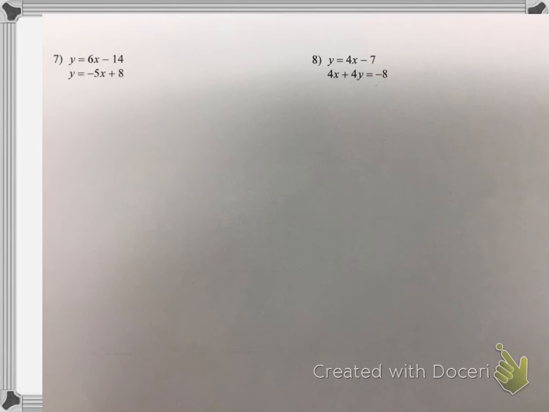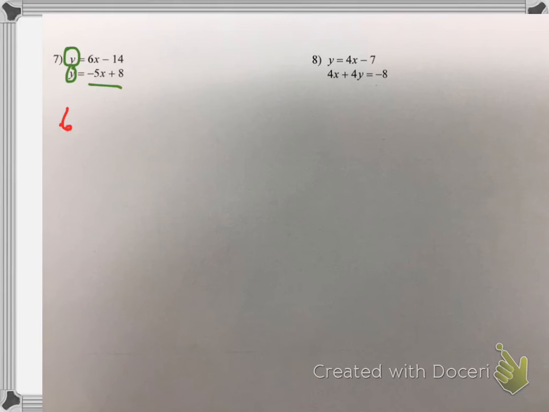Last two here. y = y. I'm taking out y. If you want, you can put parentheses in there. And I'm replacing it with the other expression. You don't need to put them, though, because you're replacing it with the other. So the shortcut is when you see both of them equal to y, you know that they're equal to each other.